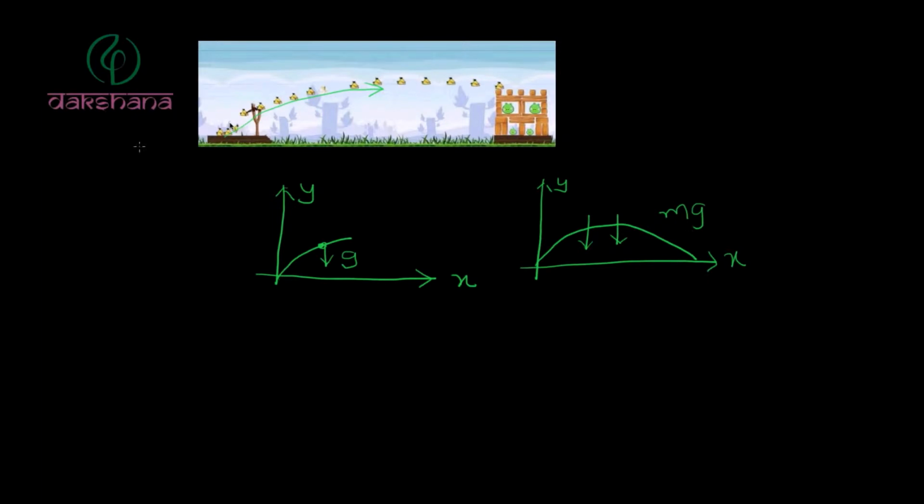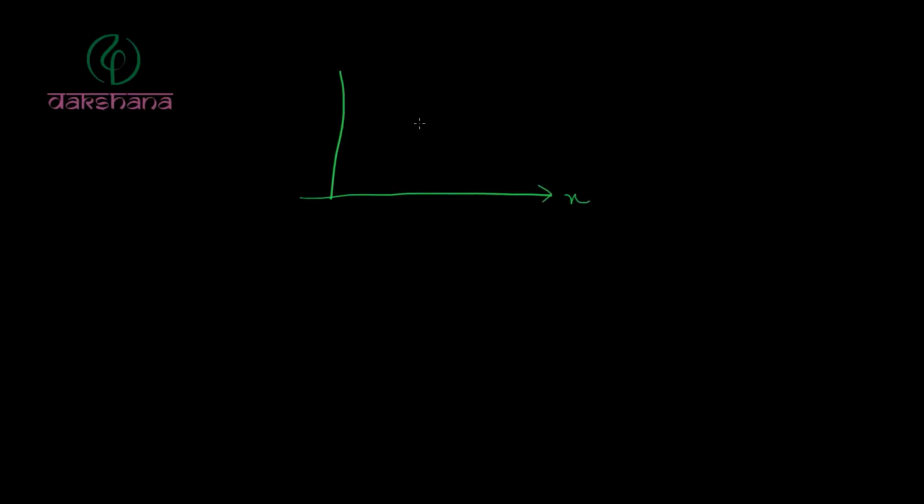So in order to analyze this projectile, we'll be splitting it into two components, x and y. We'll be analyzing in the x direction as well as the y direction, then we will combine both of them to analyze our projectile.